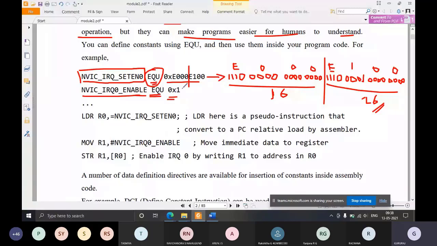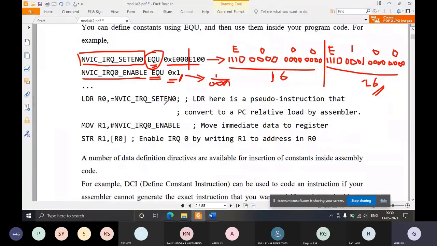How many bits is this? It's again a hexadecimal value. 0x1 is 4 bits. So this 1 is represented as 0 0 0 1, 4 bits. So you equated these variables, which are known as constants, to these values.